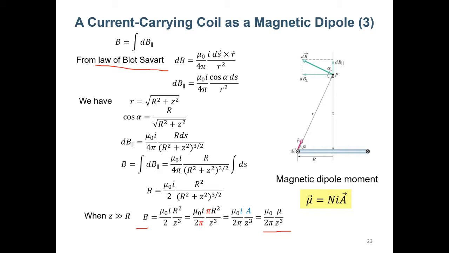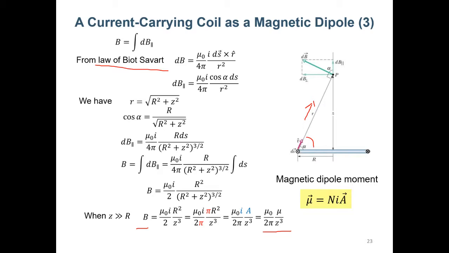For this point, ds is pointing out of the page, and r is in this direction. So ds cross r should be pointing to that direction. And alpha is this angle.